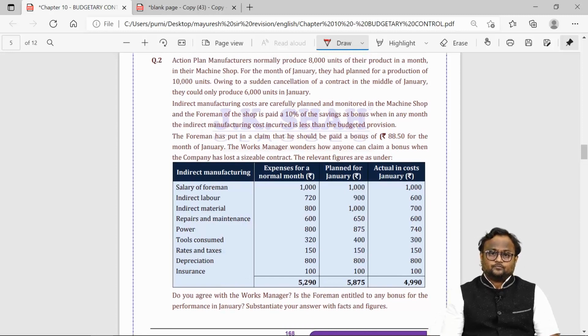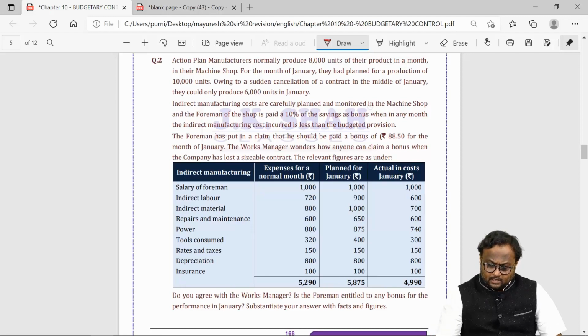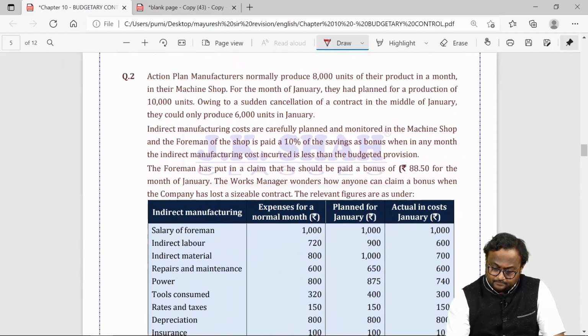Question number 2 was also similar to all these things. See, in question number 2, they clearly said normally they produce 8,000. So 8,000 was your normal production, so this whole data was for 8,000.